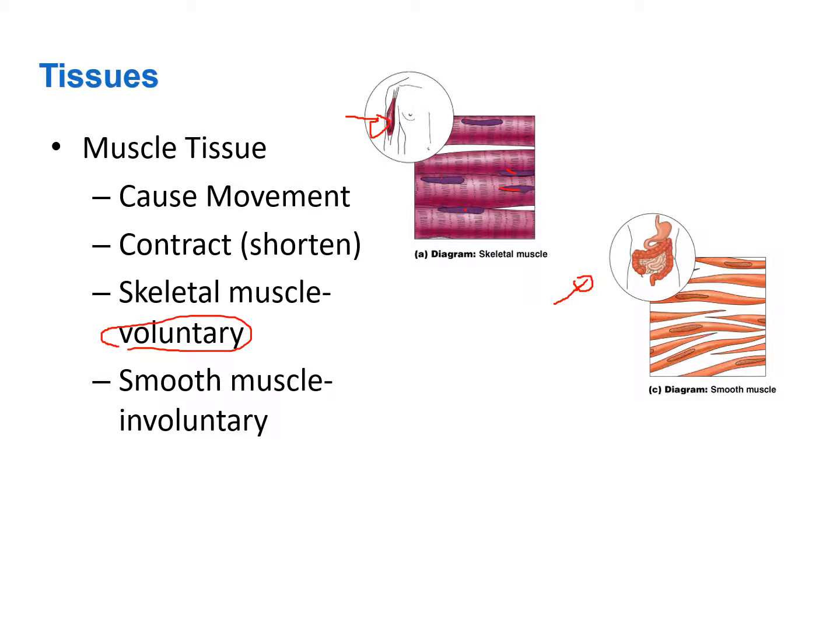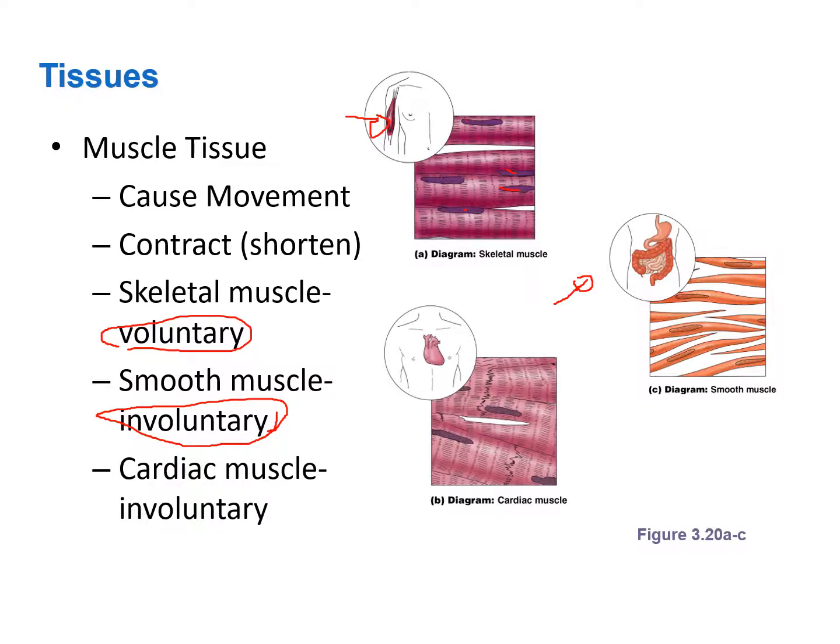So all this is coordinated by the brain, and of course, this will be involuntary. The very last one is going to be cardiac tissue, and cardiac tissue is going to be found in the heart, and again, this is also involuntary. So of all the muscles that we have, only one is voluntary, only one we control. Smooth muscle and cardiac muscle are all involuntary.